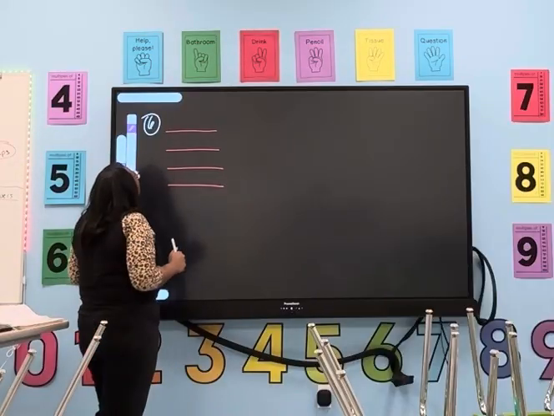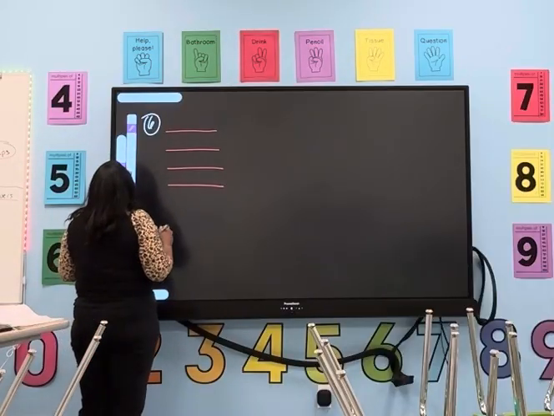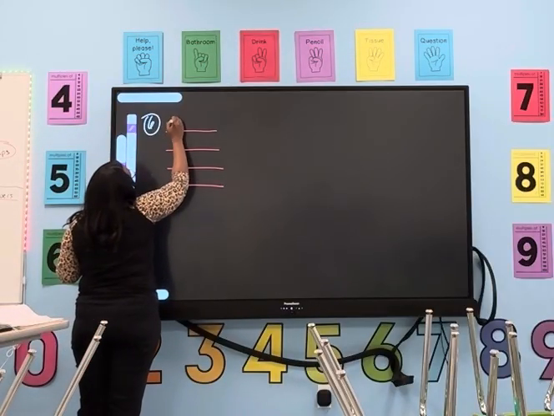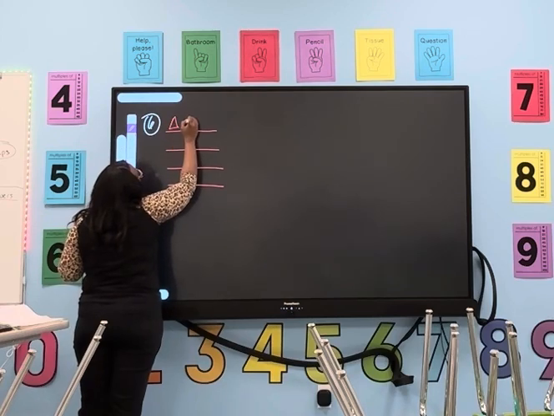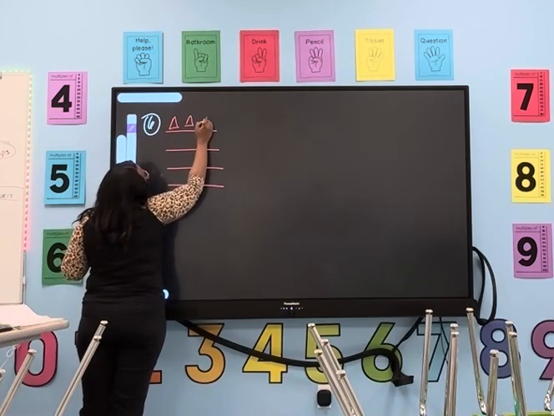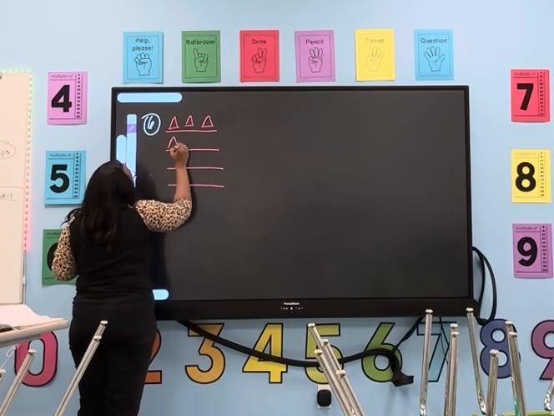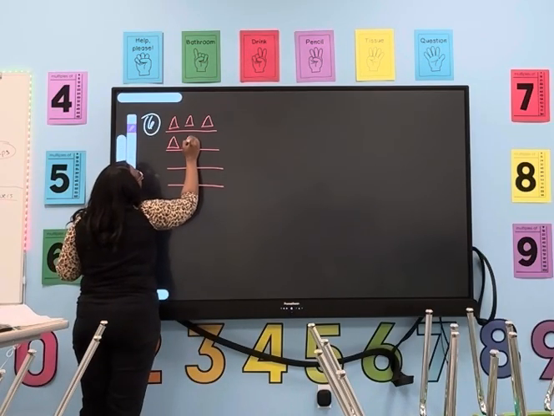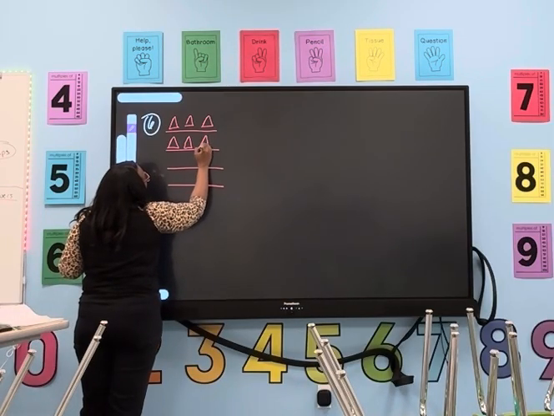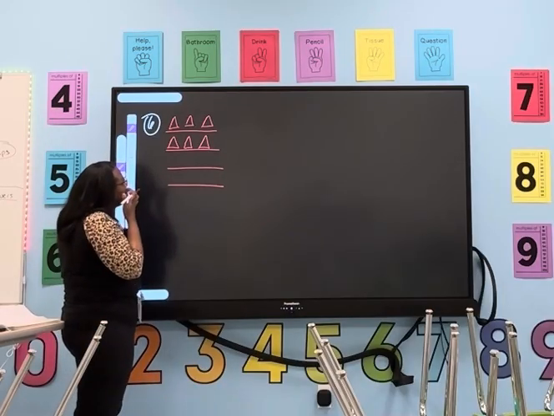So let's put the 3 bird feeders inside of each tree. So this will be 1 bird feeder, 2 bird feeders, 3 bird feeders. That's 1 tree. Let's do this one. 1 bird feeder, 2 bird feeders, 3 bird feeders. That's our second tree.